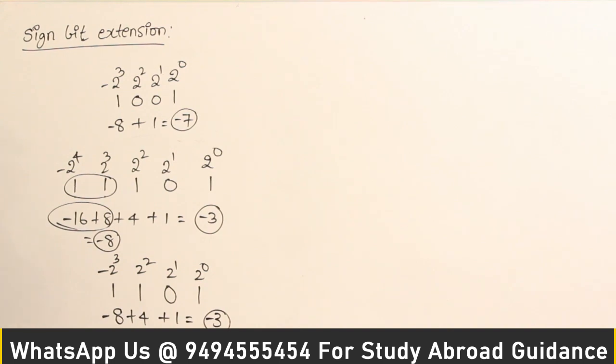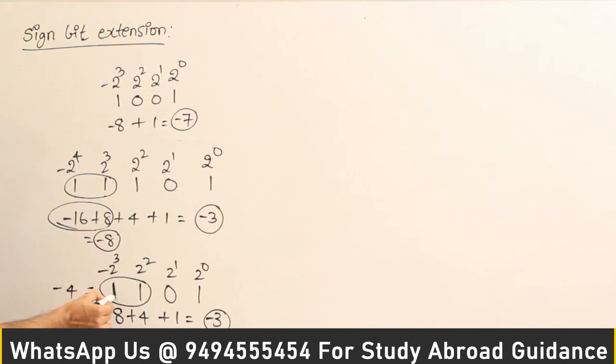Now if you observe it, replacing these two bits by this one is again going to give us the same answer. These two bits when added, the result is minus 4.